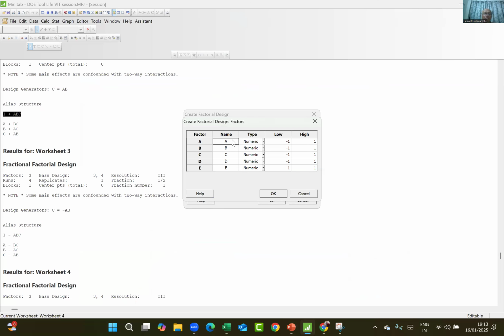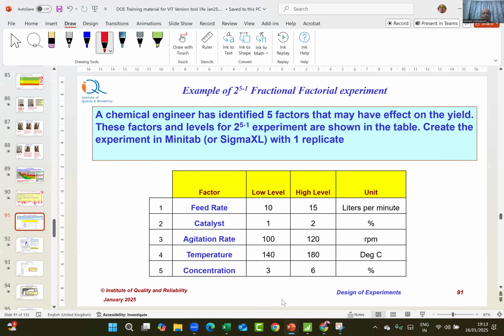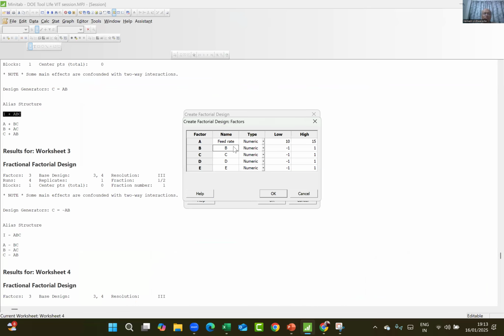So I'll say this is feed rate, numeric factor, 10 and higher level is 15. B is catalyst, 1, 2%. So this is catalyst, and the levels are, it's a numeric factor, 1%, 2%.